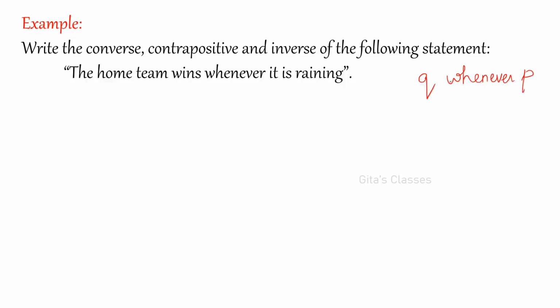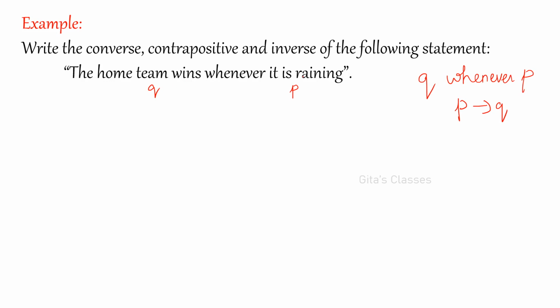Actually, P conditional Q can be expressed as Q whenever P. I explained this when I was explaining conditional. So this is our Q and this is our P. Even if you take this as P and Q, no problem.